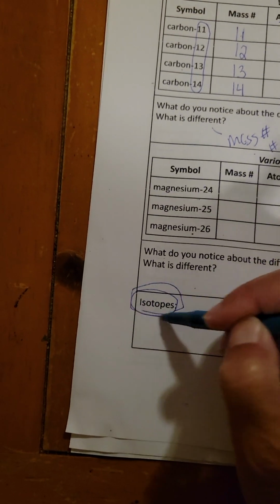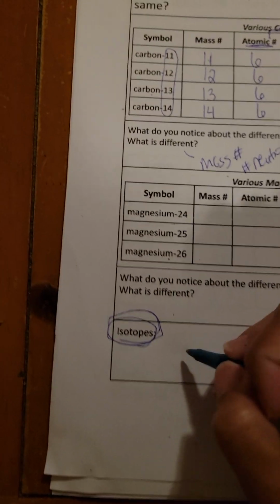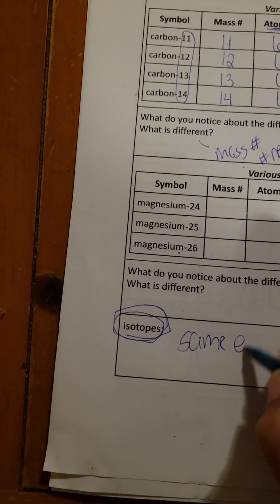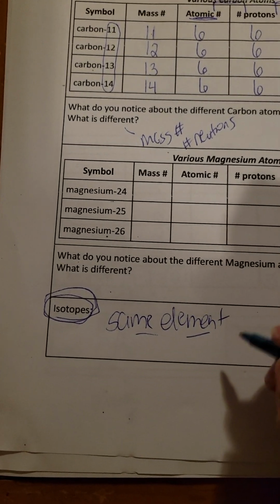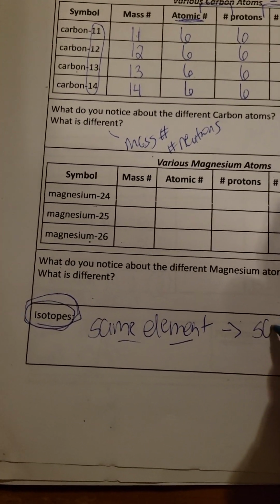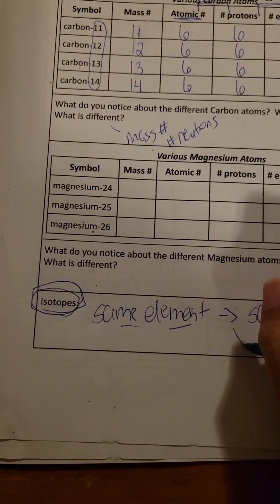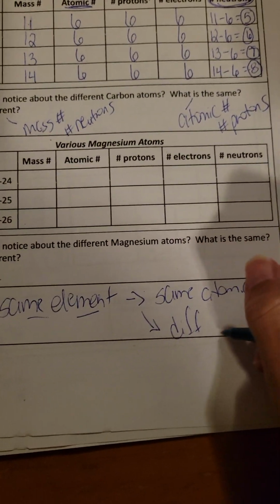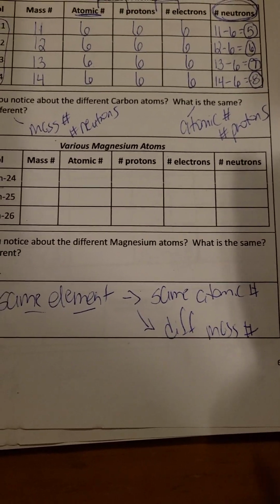You've probably heard that word before, maybe in a movie. Isotopes are the same element, so the same atomic number, but a different mass number, so a different number of neutrons.